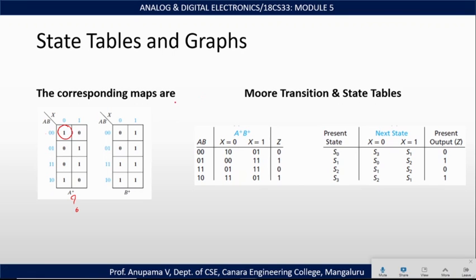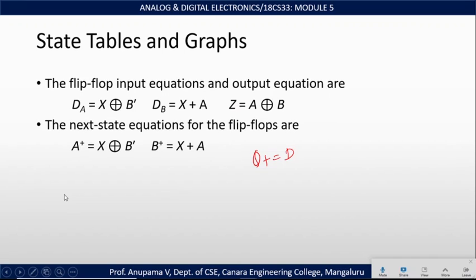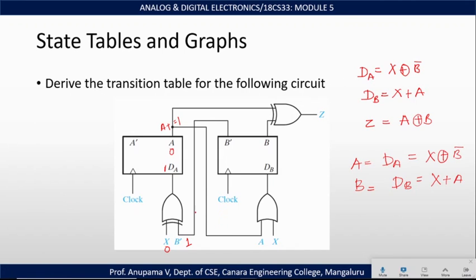Now, what is the next cell? Next cell means when A equal to 0, B is equal to 1 and X is equal to 0, what is A plus value? See the circuit diagram. When B equal to 1, B bar will be 0 and X is equal to 0.